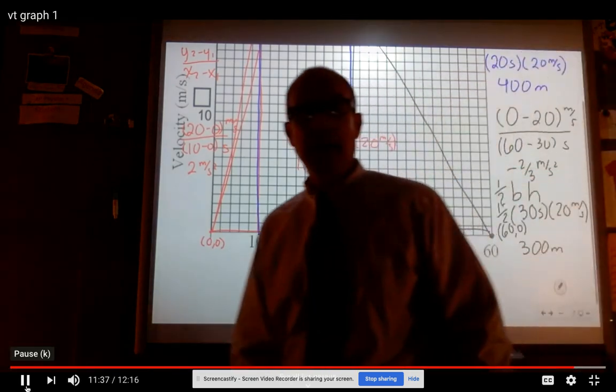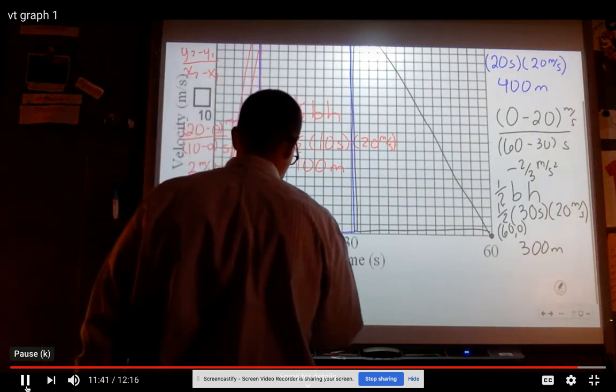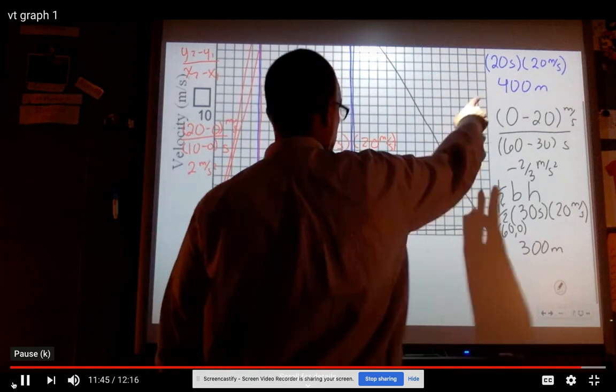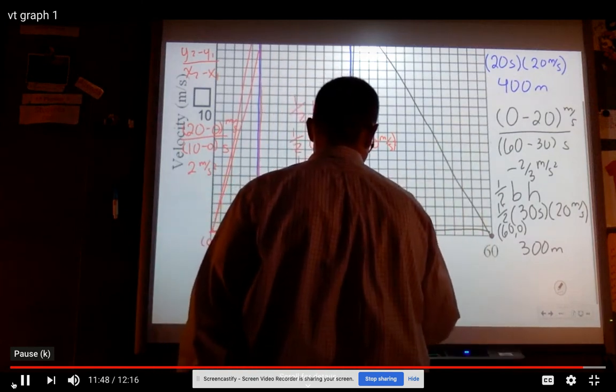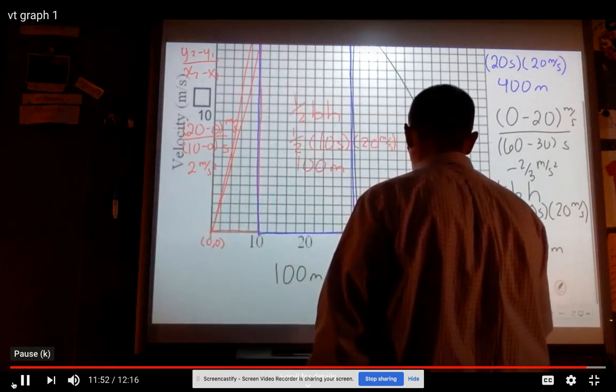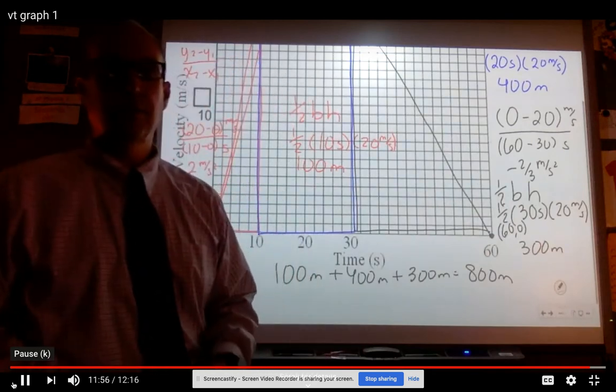So how far did I go in the entire time? I went 100 meters, and then I went 400 meters, and then I went 300 meters, for a total of 800 meters.